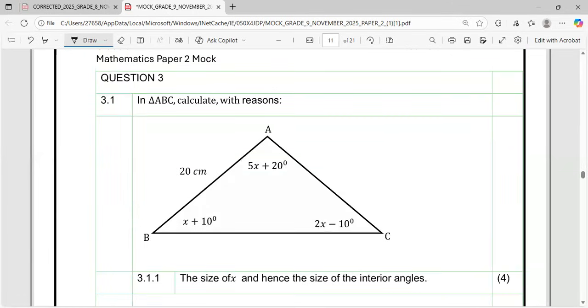Earlier on, Tebo said that question 4 is difficult. So instead of us doing question 4, I'm going to give you question 3 instead. It is 6:30 now.